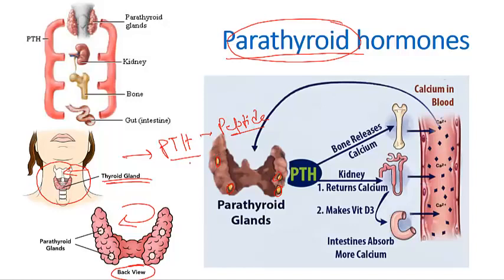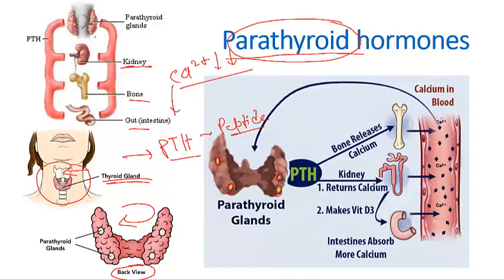This parathyroid hormone secretion is stimulated by a drop in the blood calcium level. If somehow there is a drop in the blood calcium level, that triggers the parathyroid glands to release parathyroid hormone, and this parathyroid hormone targets multiple tissues listed here. It can target kidney, bone or gut.